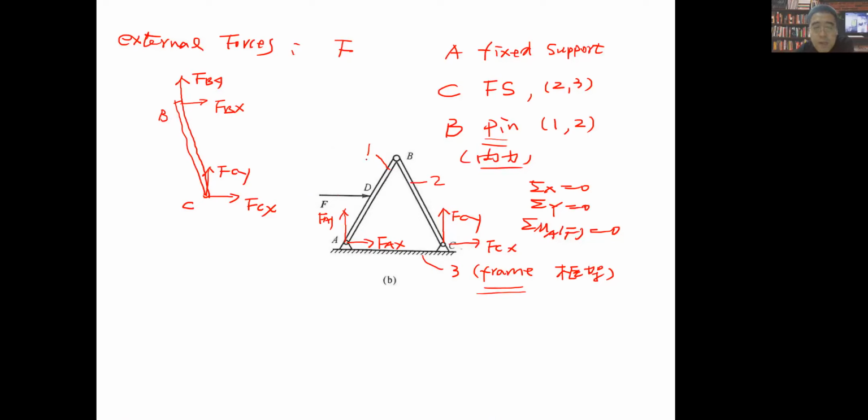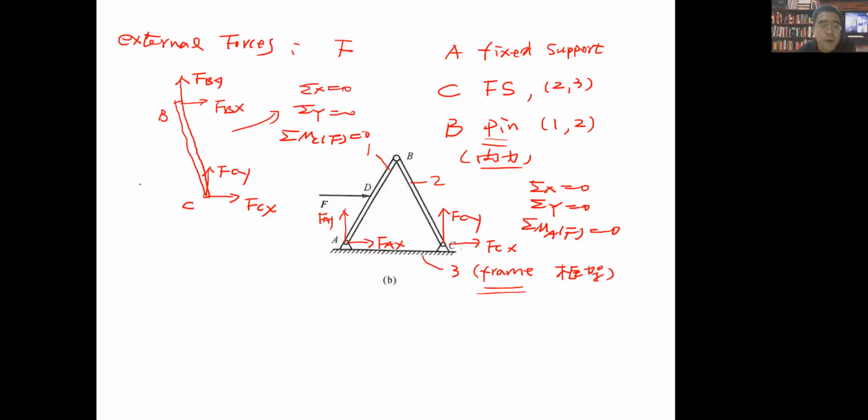Because it is connected by this constraint at point B from part 1 to part 2, right? So when we select just one part to be studied, it should also fulfill the condition of equilibrium. So we also have the equilibrium equations: sigma x equals 0, sigma y equals 0, and sigma M about C equals 0.